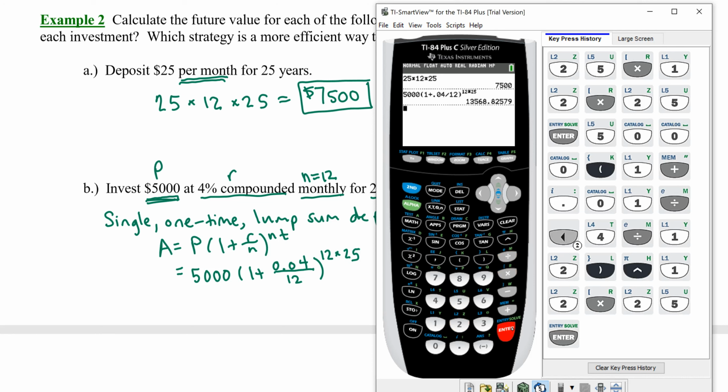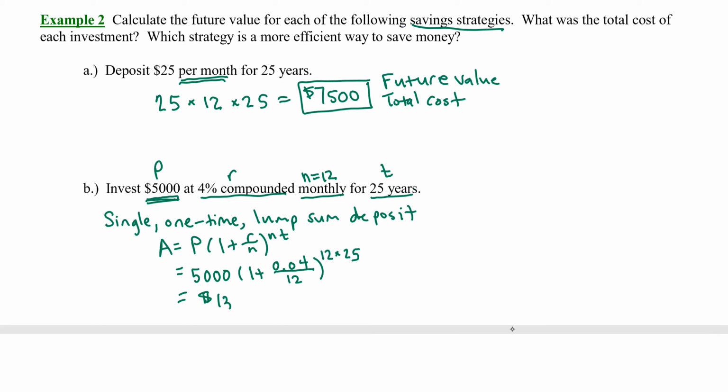So this investment would grow to $13,568.83. So the total cost of this investment was how much came out of our pocket.